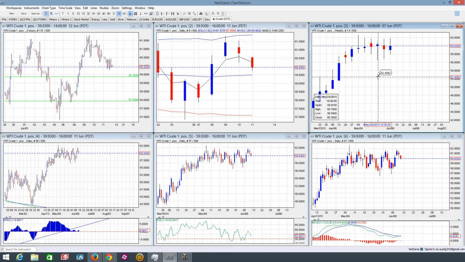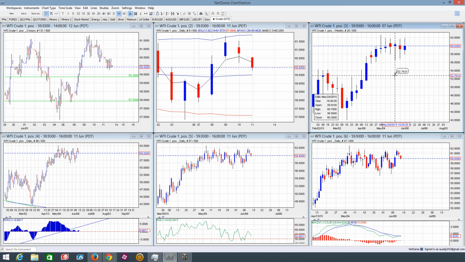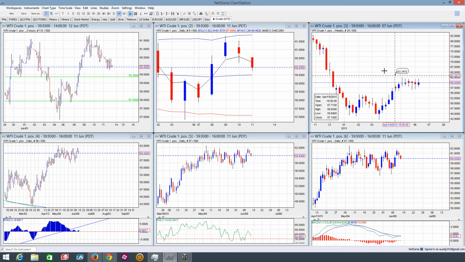So really not much to do with that from a weekly standpoint, other than I do like the fact that we have an impulse to the upside, and then we got this sideways chop, which could be just a continuation pattern for another advance to the upside, is what I'm holding on to.